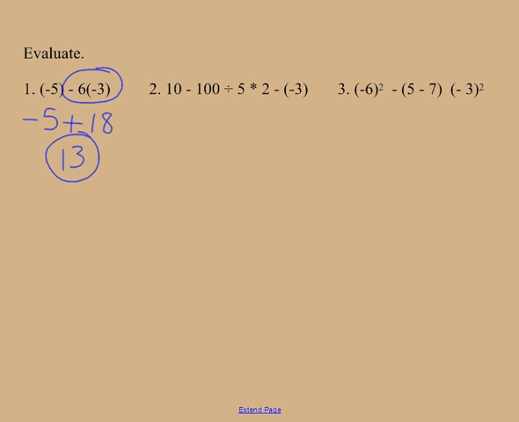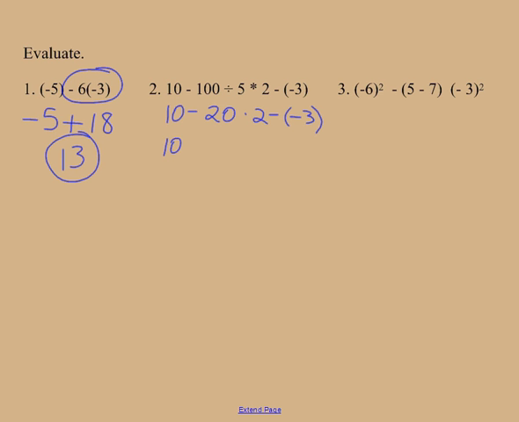All right, so 10 is going to stay there. We're going to bring this minus sign down. 100 divided by 5 is 20. Times 2 minus a negative 3. We'll leave it there for now. Okay, now we have multiplication.